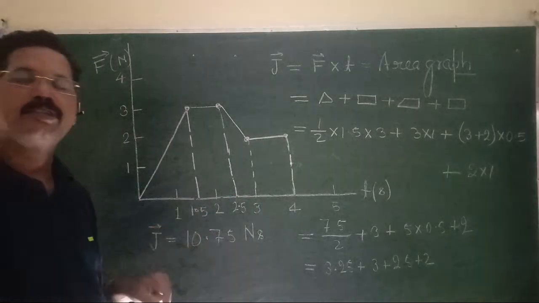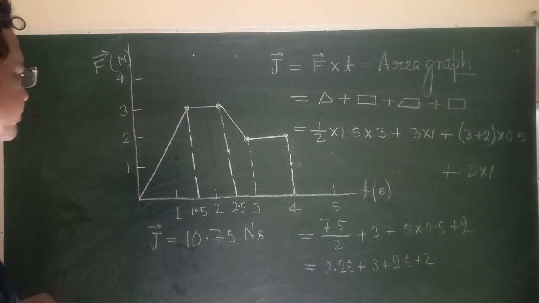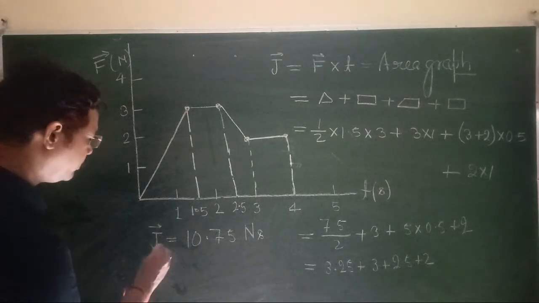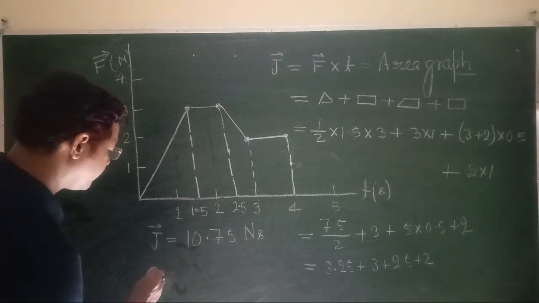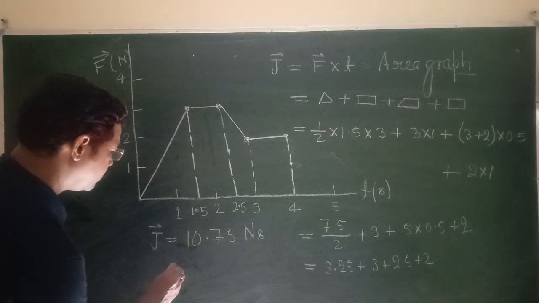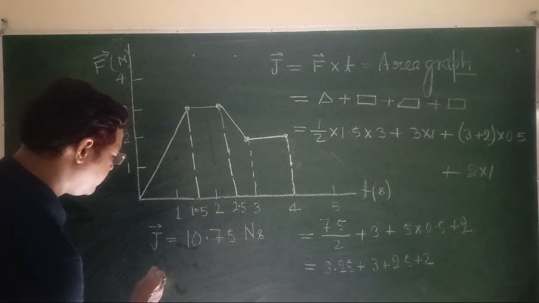You calculate it yourself. What will be the error? You can see that. Now this is equal to what? Impulse is basically change in momentum.